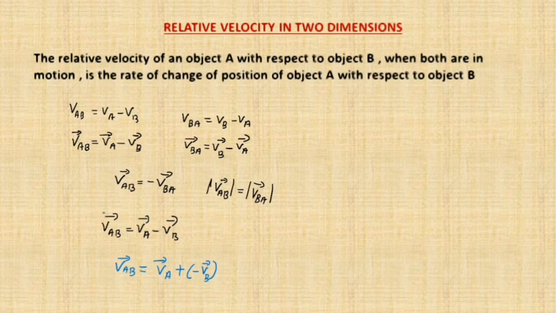Now let's discuss how to find the magnitude and direction of the relative velocity in two dimensions. Consider two cars A and B traveling with velocities VA and VB, written in terms of vectors. The velocity of A is VA and the velocity of B is VB.